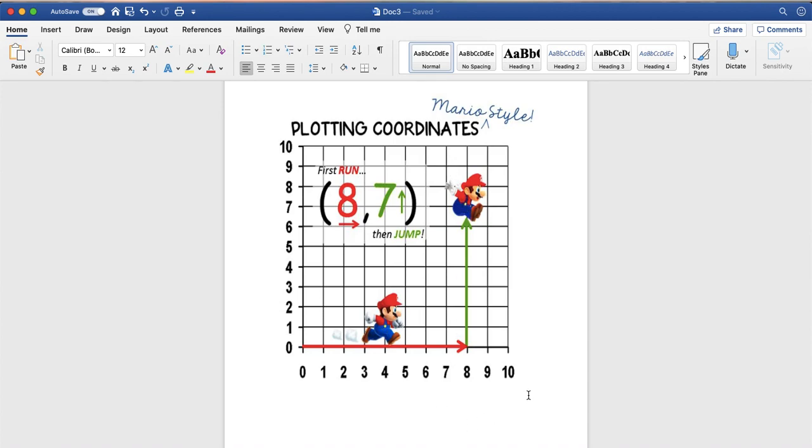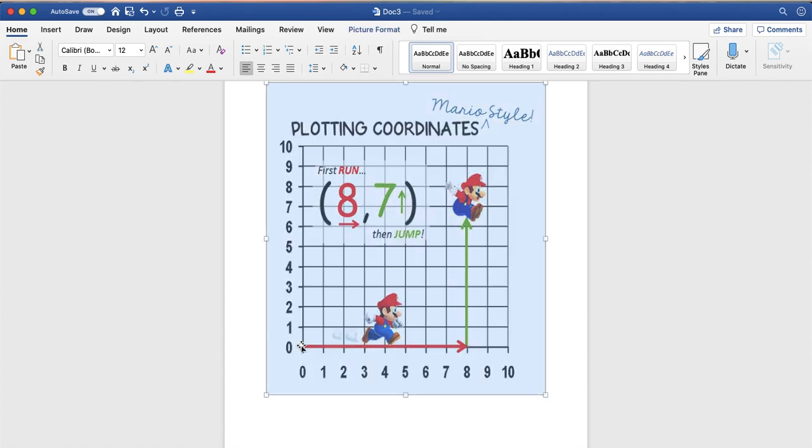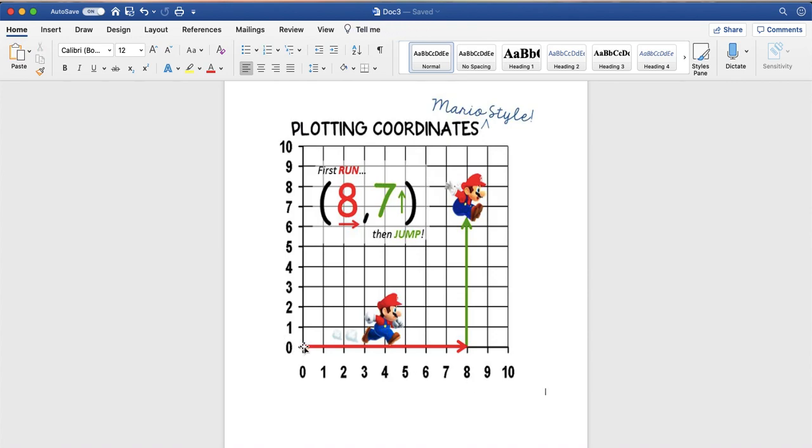So in order to write our ordered pairs, remember, we have our y-axis, which is the line that goes up and down. And then we have our x-axis, that's the line that goes from side to side. Where these 2 lines meet, it's right here where my mouse is. Right here.